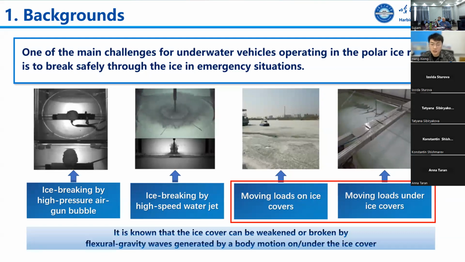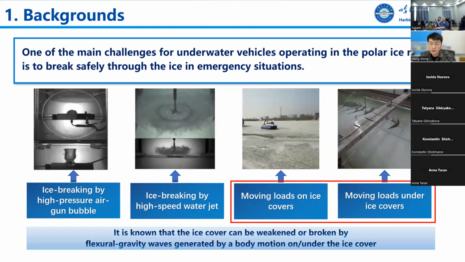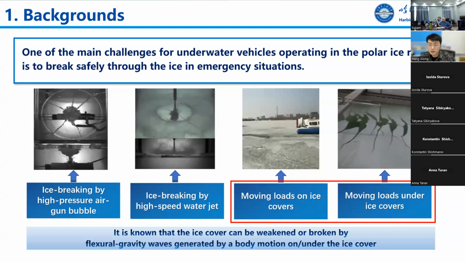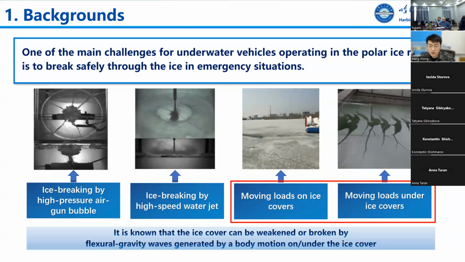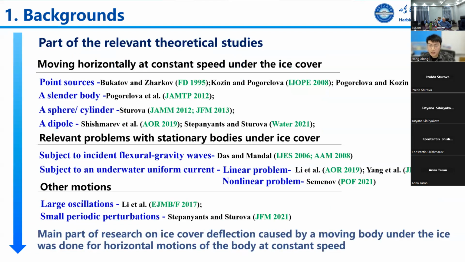In theoretical studies, point sources are often used to model objects moving horizontally under the ice cover. A slender body moving at constant speed in a bounded liquid can be modeled by a source-sink system. A moving circular cylinder and sphere in a bounded liquid can be modeled by a 2-dimensional and 3-dimensional dipole of a certain strength correspondingly.